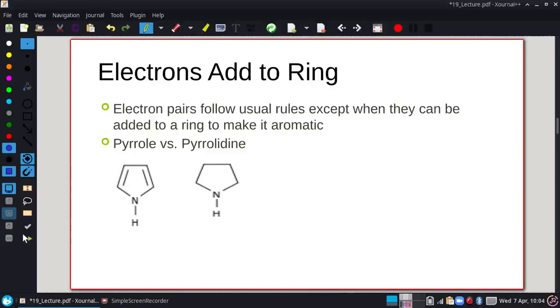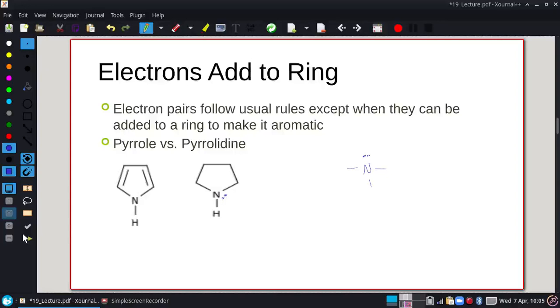Now, we see a drastic effect on that. So when the electrons are totally owned by the nitrogen, it's going to have a pKa in the 40s. It's going to be very basic, and it's going to be very much like a regular old amine. And we have that here on this pyrrolidine. Those lone electrons are owned only by the nitrogen. It makes it very nucleophilic at that site and very basic.